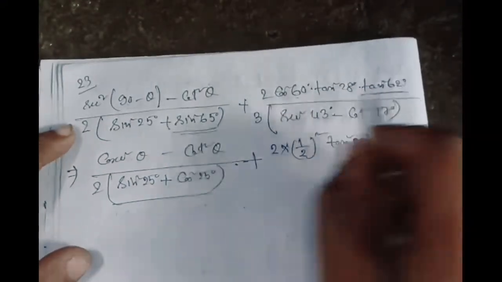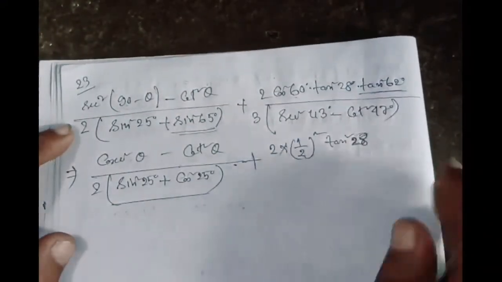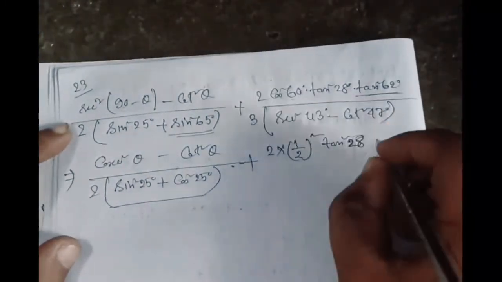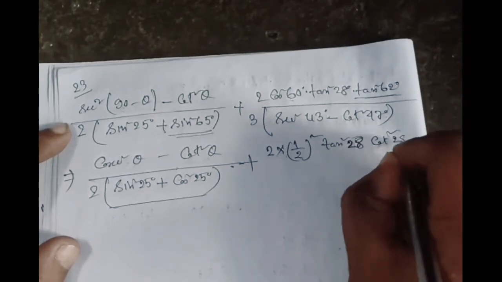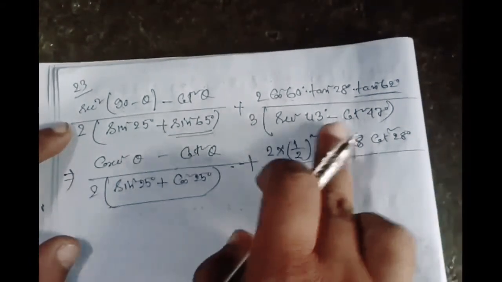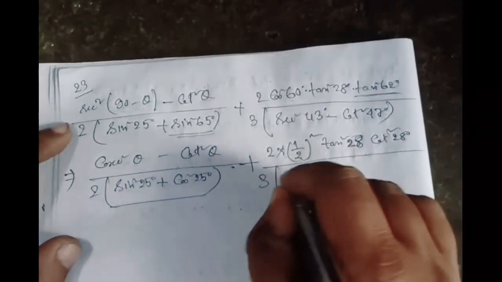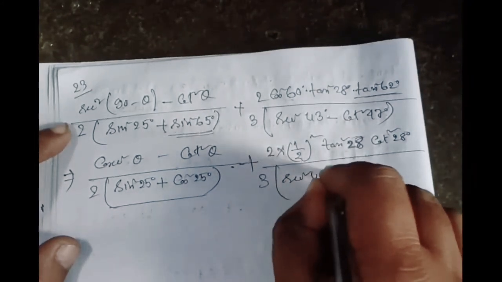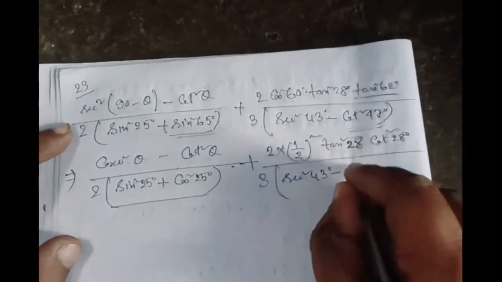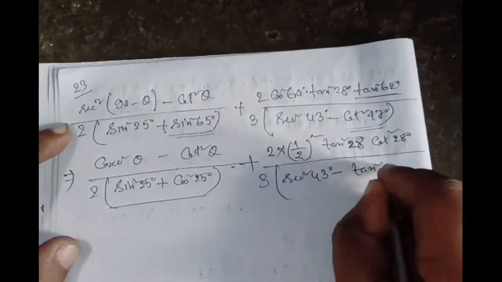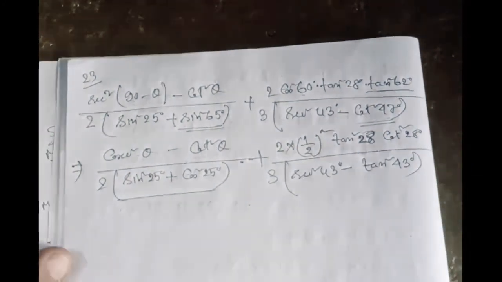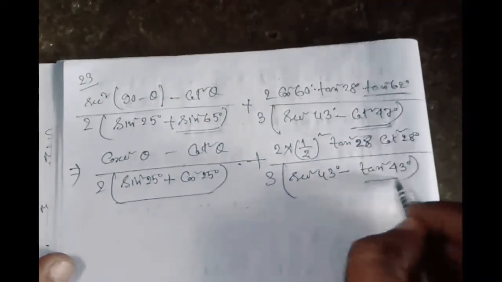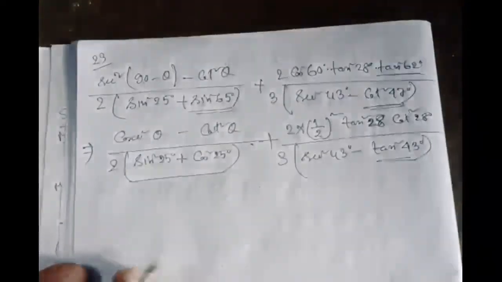Now tan square 62 means cot square 28 degree, divided by 3 into sec square 43 degree minus tan square 43 degree. Okay, cot 47 degree means tan 43 degree.